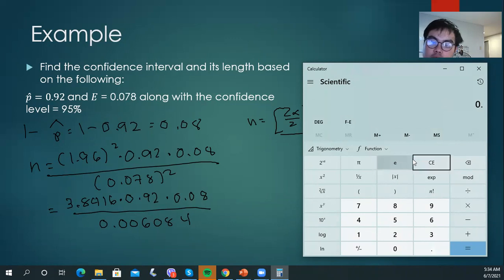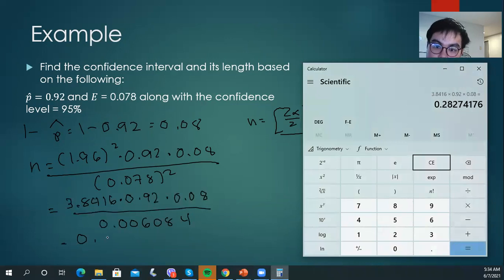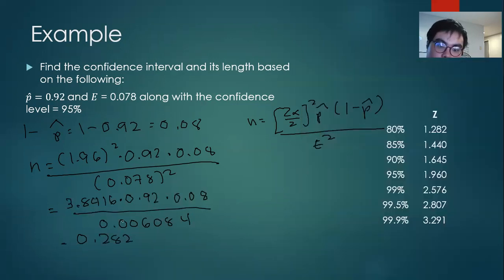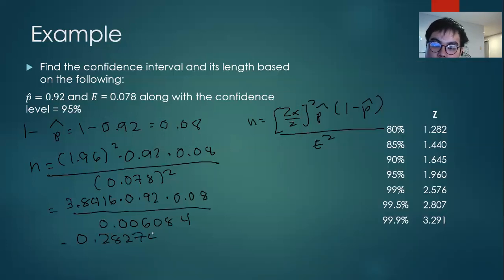So it will become 3.8416 times 0.92 times 0.08, then divided by, but before that, let me write first, 0.282176 divided by 0.006084. So we're going to divide it with this.